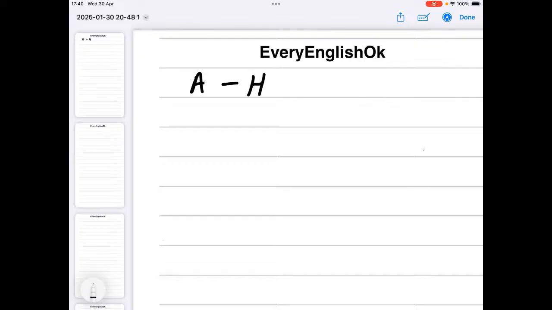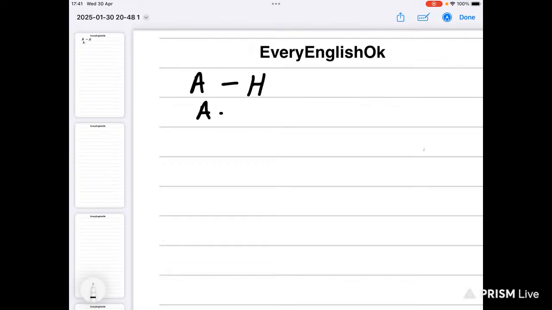For example, the A question is this question. After giving them the worksheet, they write their names, and now they have to listen to the questions. I used a flashcard to make it a little bit simpler for them to really understand.